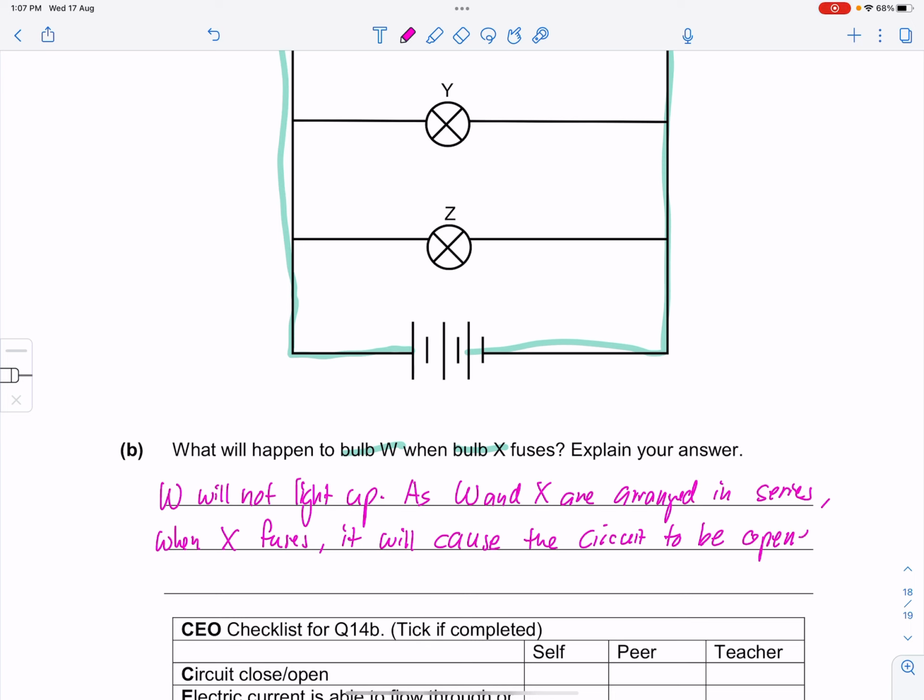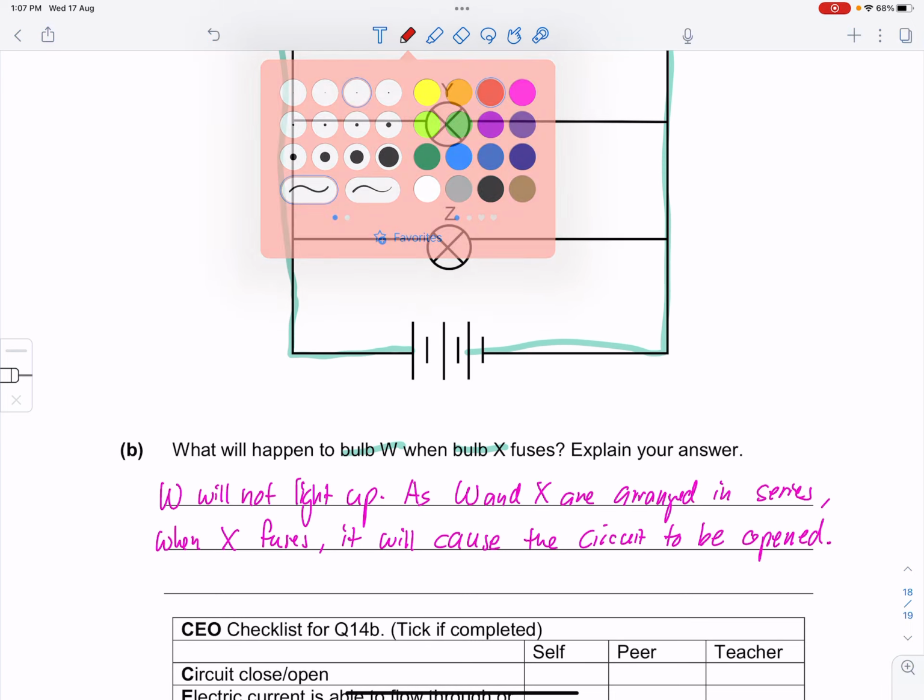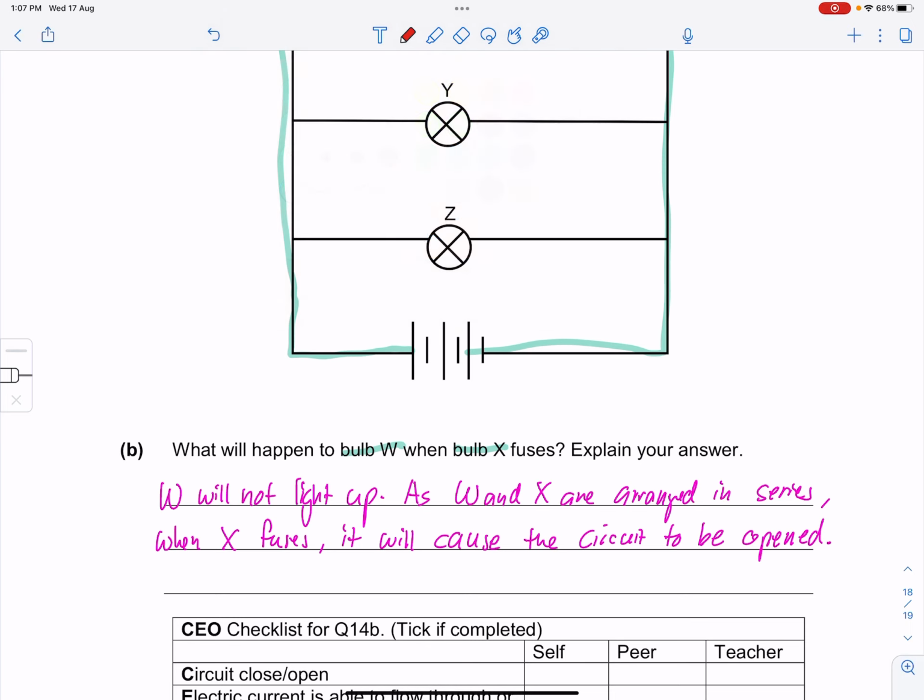Electric currents can no longer flow through the circuit.